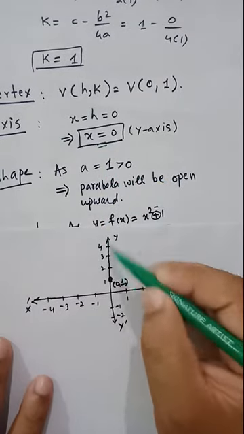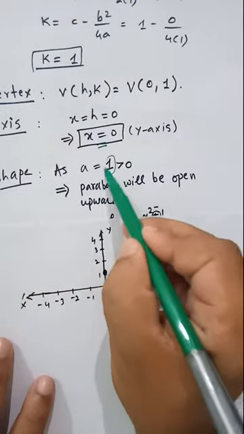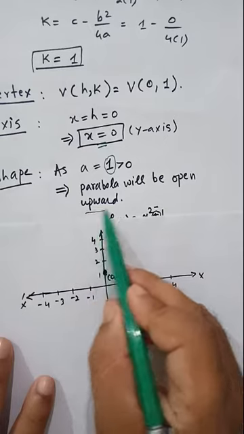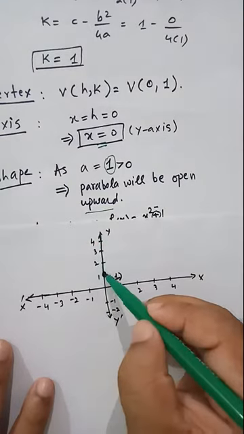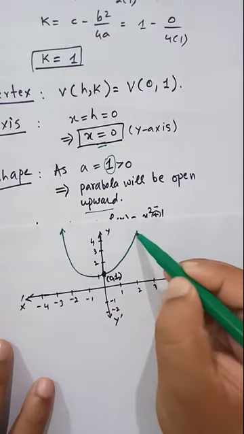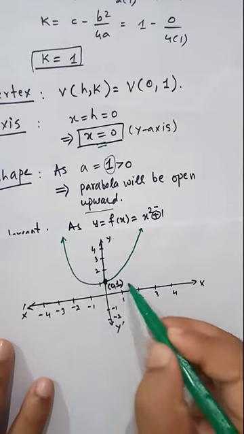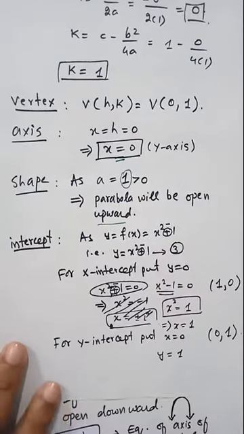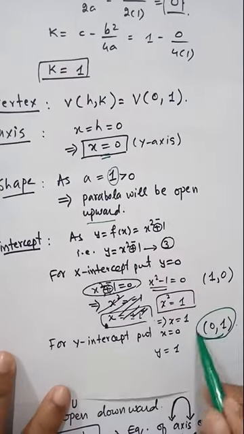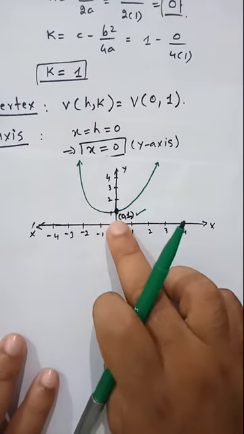So this is the line of symmetry. And a is greater than 1, so the branches of the parabola will open upward. So that will be the parabola. This is my parabola. Now this is your y-intercept also. You clearly see that the parabola passes through this point, so that's why this is the y-intercept.